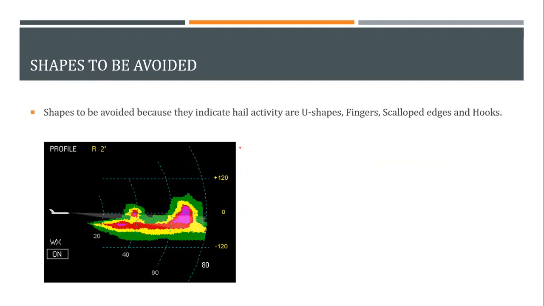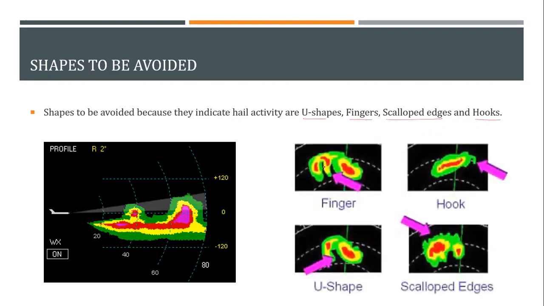Some shapes which are prescribed by all the authorities to avoid are U shape, fingers, edges, and hooks. One by one, let's look. This is a finger shape. You have to avoid it. Then we have a U shape. Avoid this.